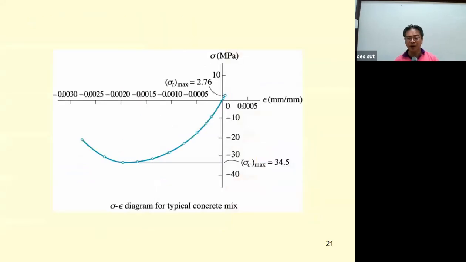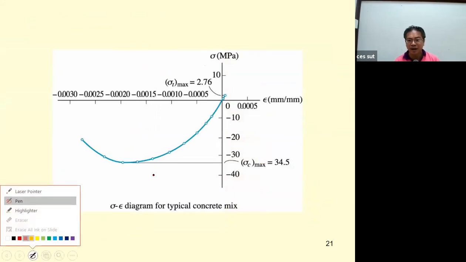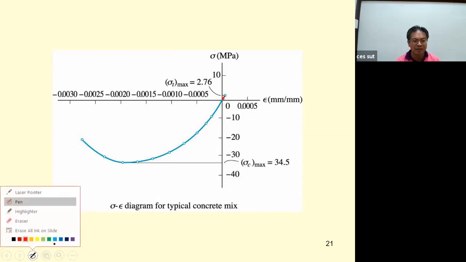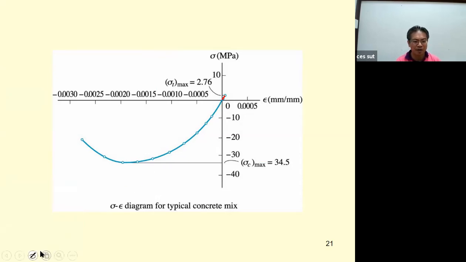And this one also happens for the concrete. The concrete, when it's in tension, can resist the force very little. However, when it's in compression, it has a lot of strength to resist the force. Why?